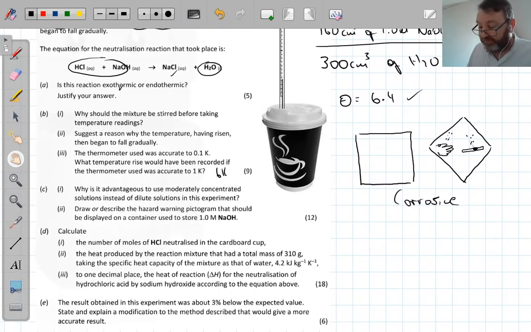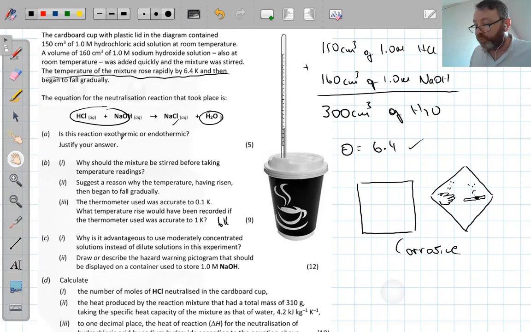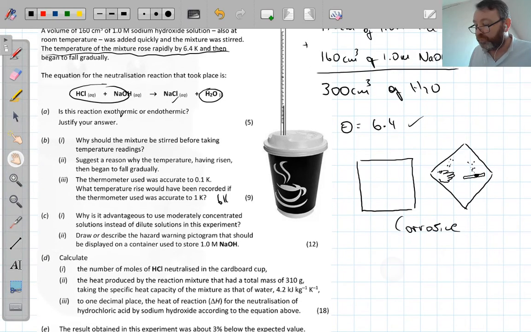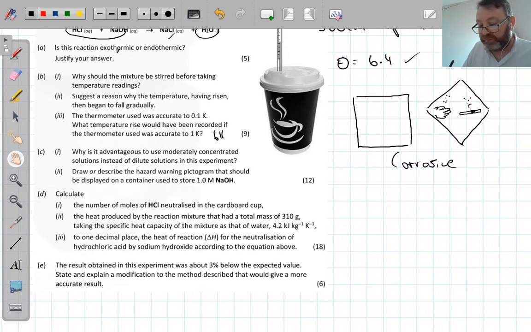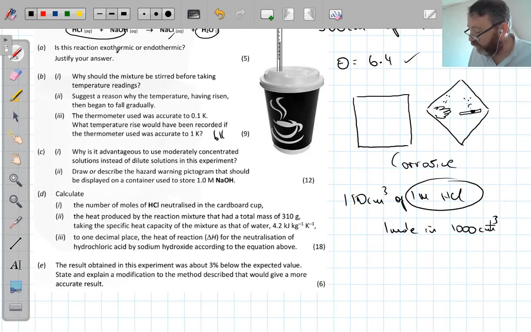Now, part D. Calculate the number of moles of HCl neutralized in the cardboard cup. What were we told? We were told it's 150 centimeters cubed of 1 molar HCl. So let's just write that down here. 1 molar HCl means that there is 1 mole in 1000 centimeters cubed.